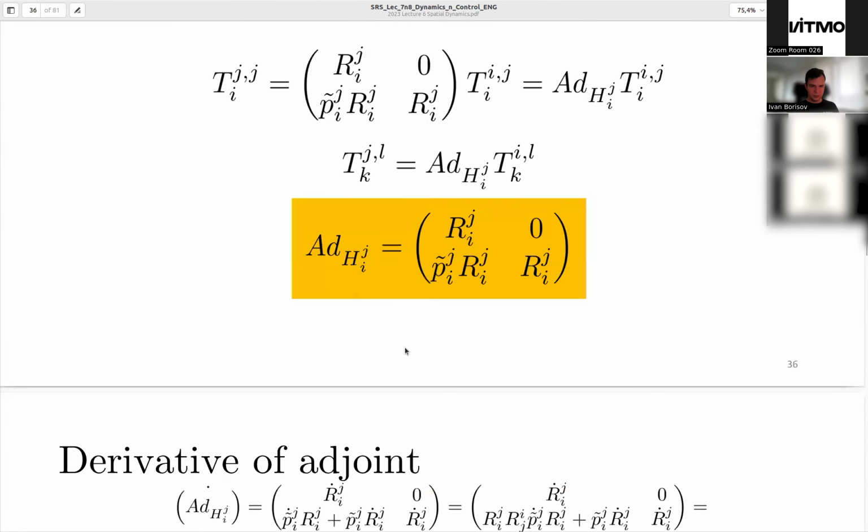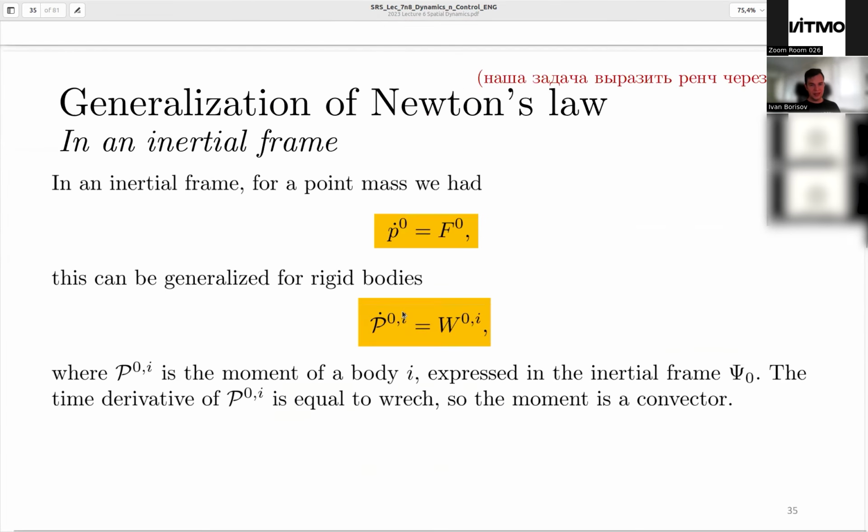We can write momentum in a body frame or in the inertial frame, basically in the space frame. So for the space frame, inertial frame, it will be like this.